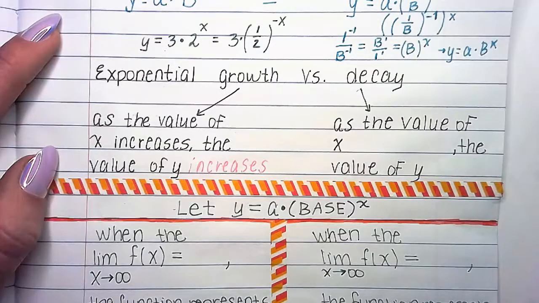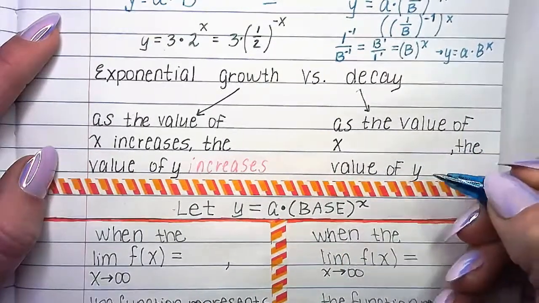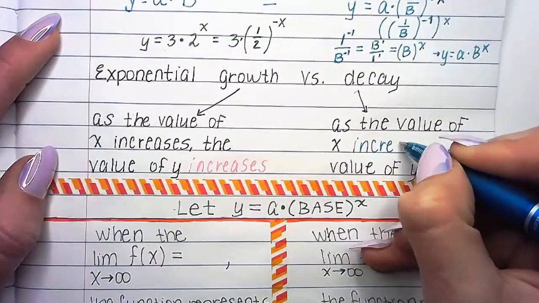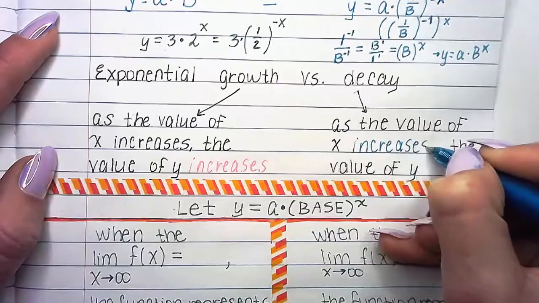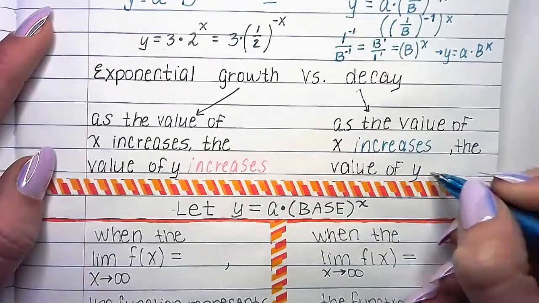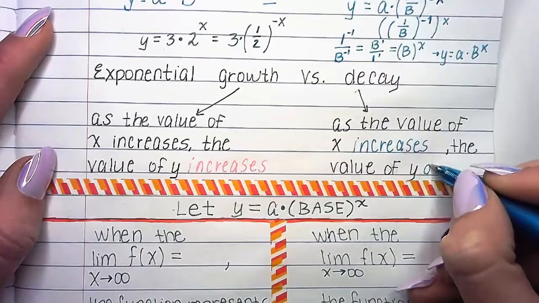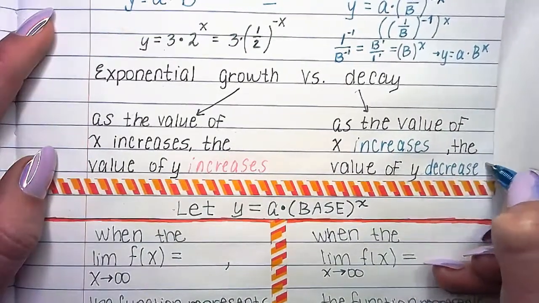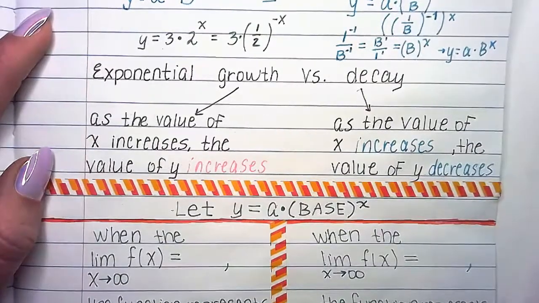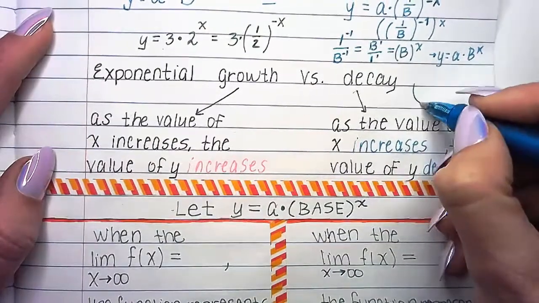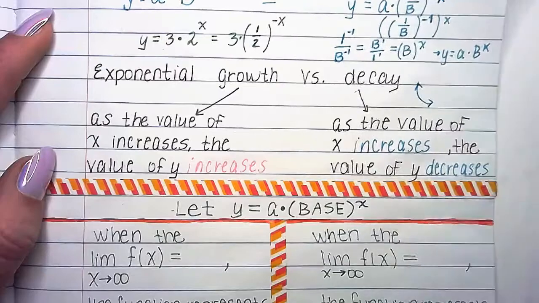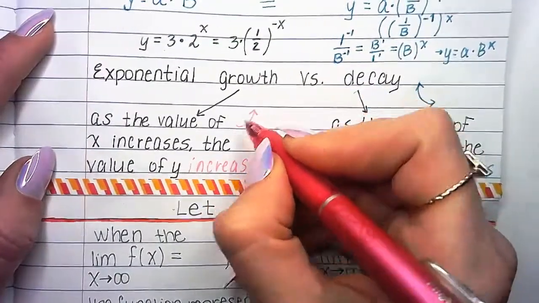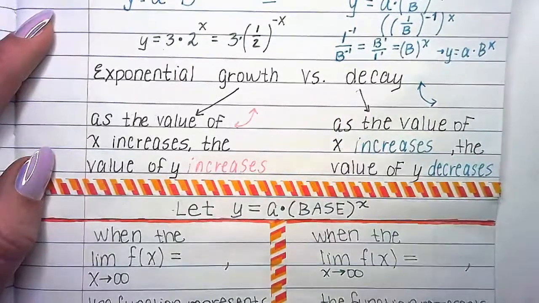As the value of x, I guess we should look at it the same way, increases, the value of y, if you said decreases, you were right. So exponential decay will go down as we go to the right, and exponential growth will be going up as we go to the right.